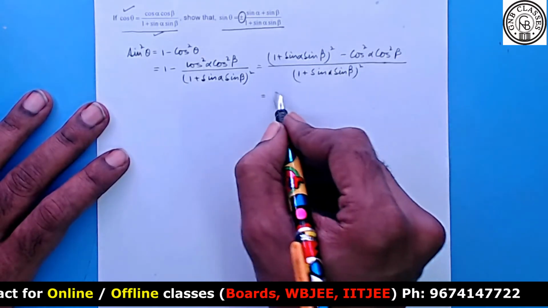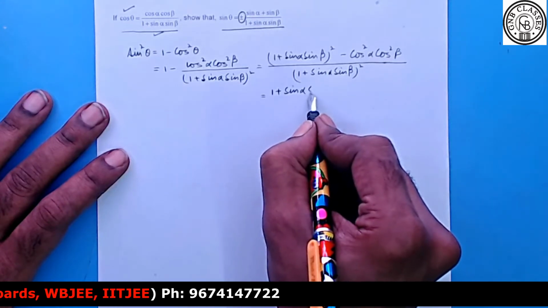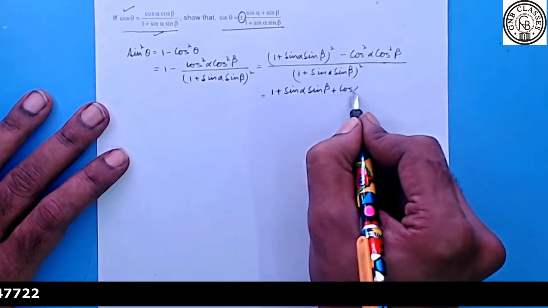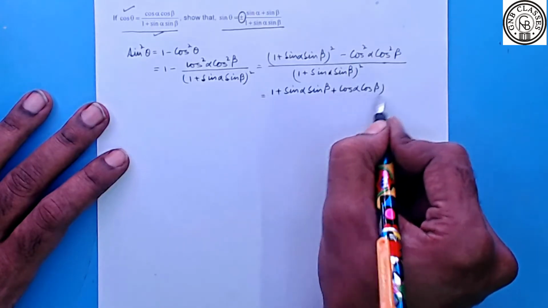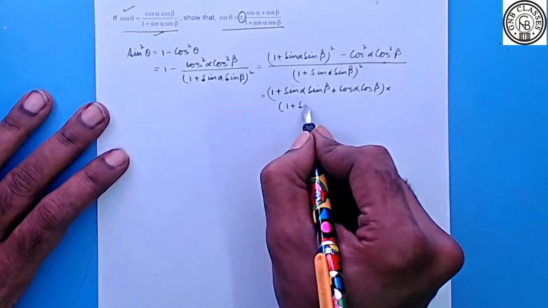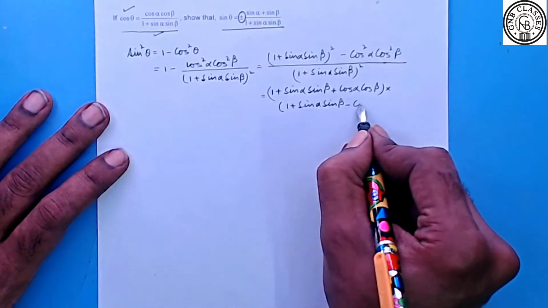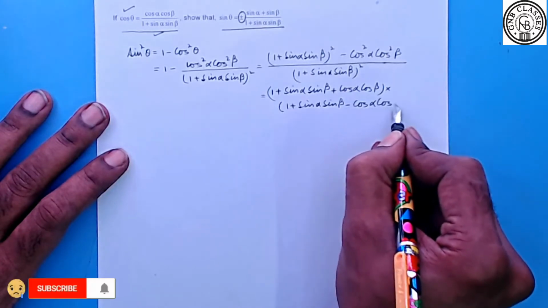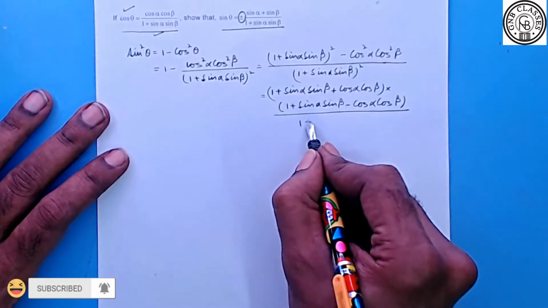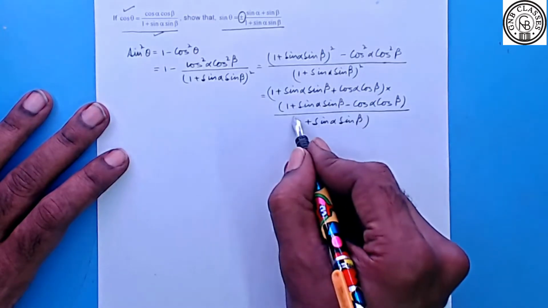So we are having (sin alpha sin beta plus cos alpha cos beta) into (1 plus sin alpha sin beta minus cos alpha cos beta) divided by (1 plus sin alpha sin beta) whole square.